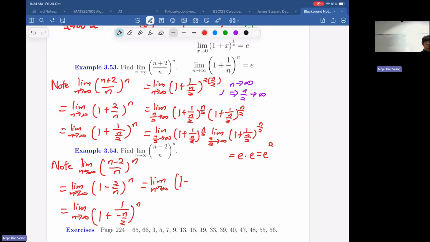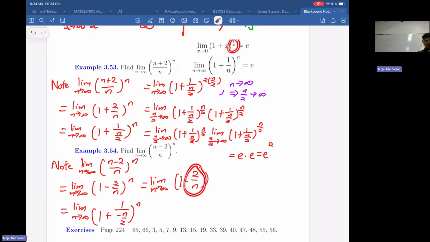But instead, I'll do something else on 1 over x, on the power part. I know that the second part here is going to 0. So can I make the power going to infinity? Well, it is going to infinity, but I want to make it the same variable.